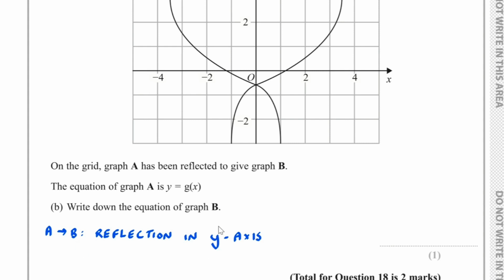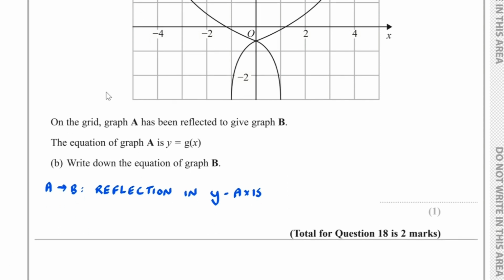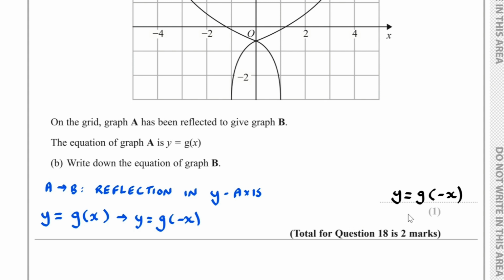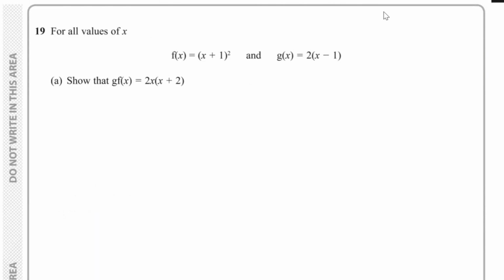And if I think about how we represent that, well, going from y equals g of x to y equals g of minus x, that would be a reflection in the y-axis. So I have y equals g of minus x. Question number 19.